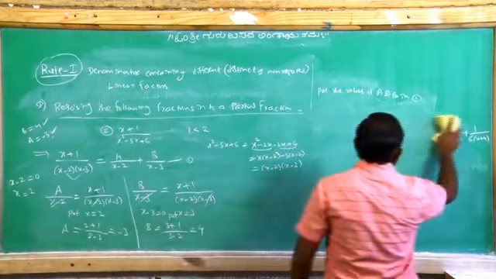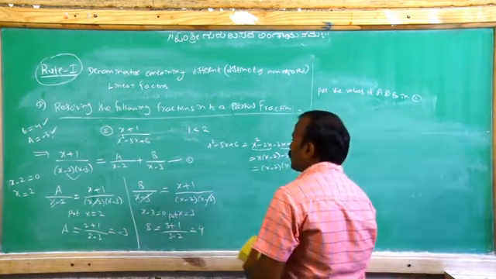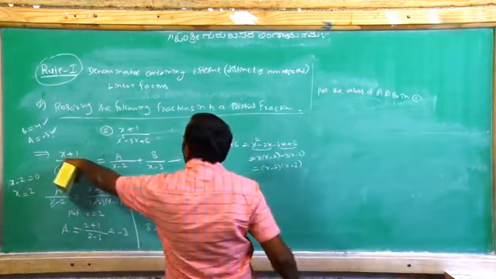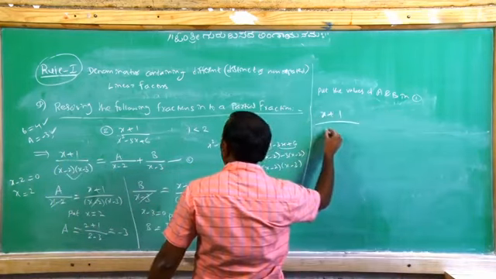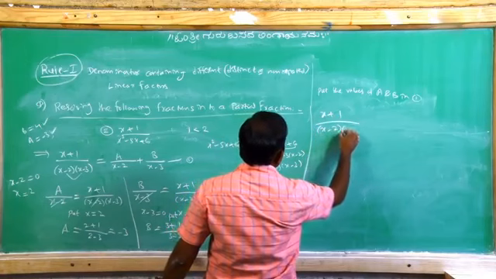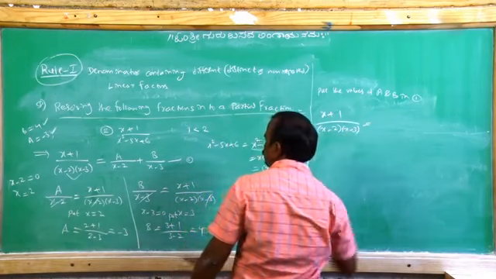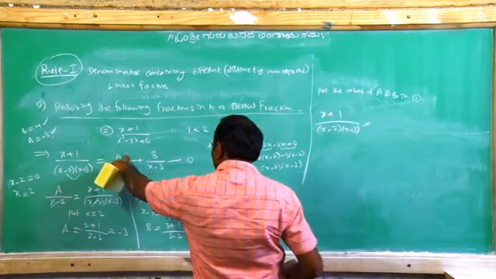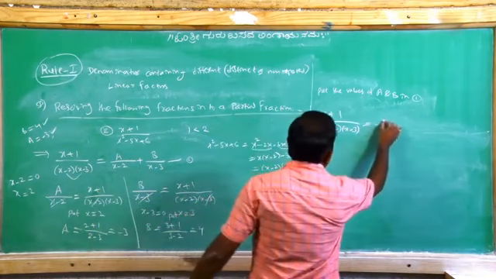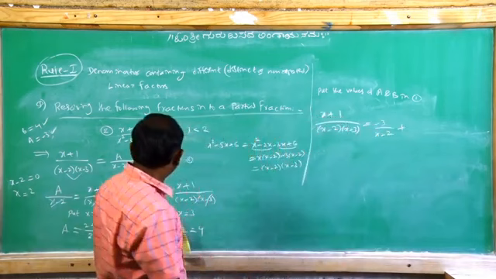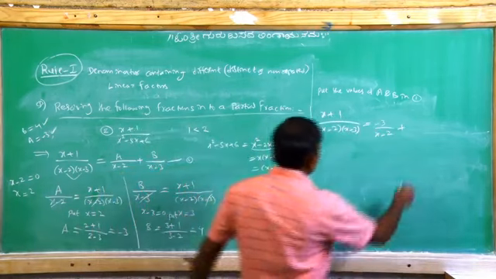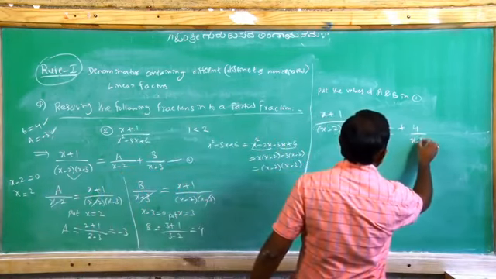So equation 1 now becomes: the LHS part is x plus 1 by x minus 2, x minus 3, equal to, in place of a, minus 3 by x minus 2, and in place of b, 4 by x minus 3.